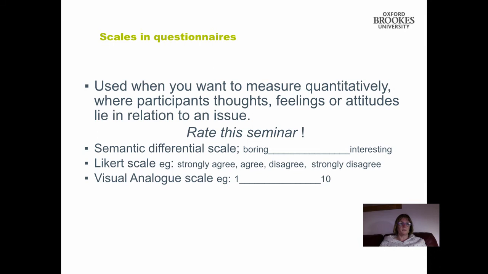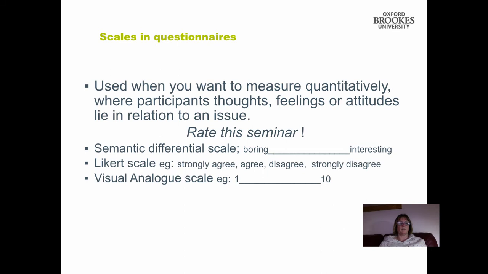So here we go. These are examples of the surveys when you want to measure quantitatively where participants' thoughts, feelings or attitudes lie in relation to an issue. So you could rate this presentation from boring to interesting, or a Likert scale would be that you strongly agree, agree, disagree, strongly disagree.